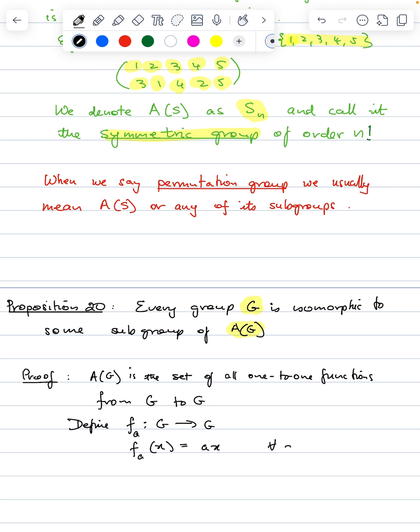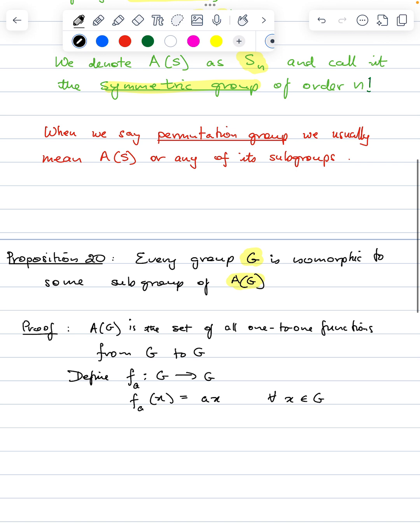All right, so let's define F subscript A from G to G as F subscript A of X equals AX. So we'll show that F is one-to-one.